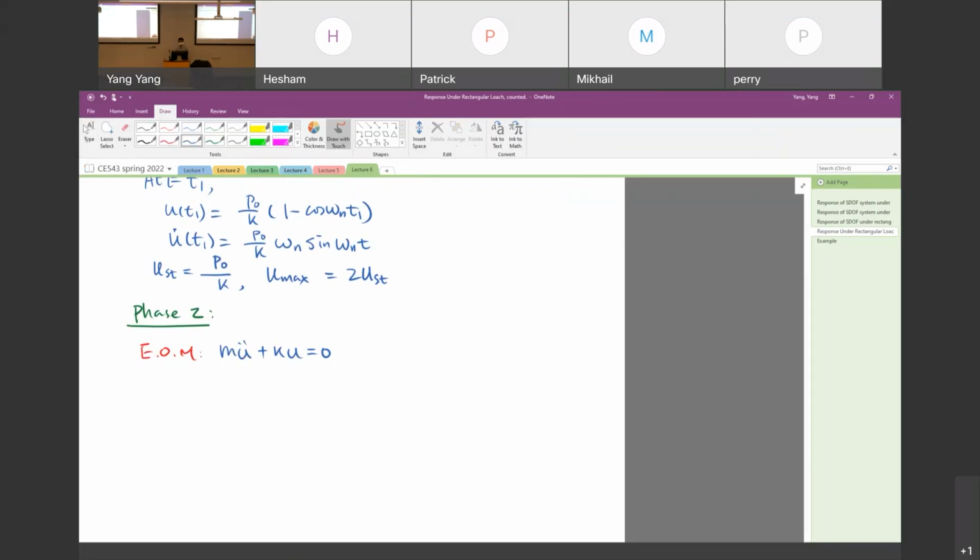For phase 2, the load is removed, external force equal to 0. You can define tau equal to t minus T1.